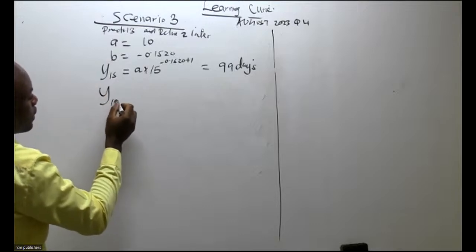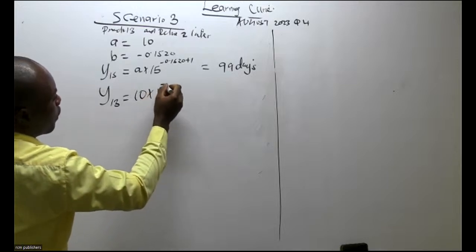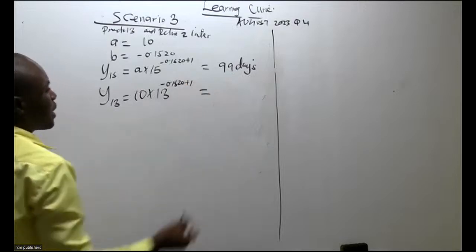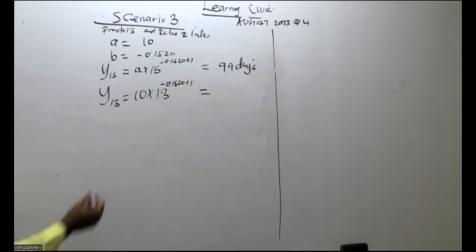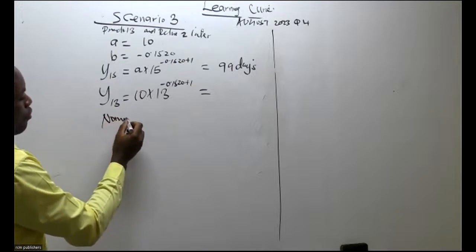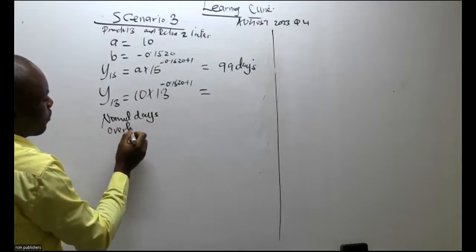So let's first get the time taken to produce the first 13. Y at 13 will be equivalent to 10 times 13 raised to the power negative 0.1520 plus 1. Tunapata ngapi?